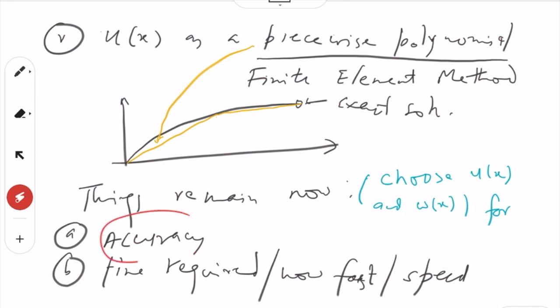As we have seen in the last lecture video, if we divided the whole domain into 2, then we got close to the exact solution.